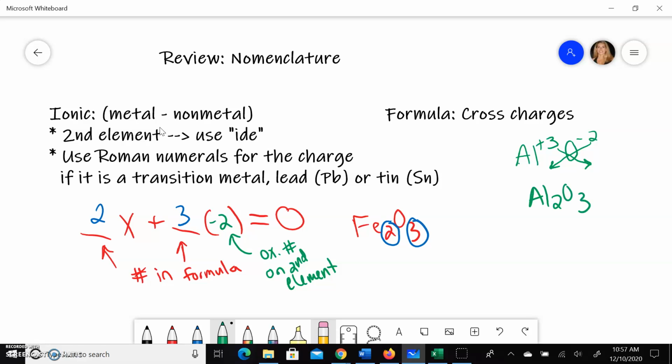And we do that to make them add up to 0. That's the whole point of it, is to make the net charge 0. There are a few that you need to know. You need to know that zinc is +2 and that silver is +1. And that's pretty much it for ionic.